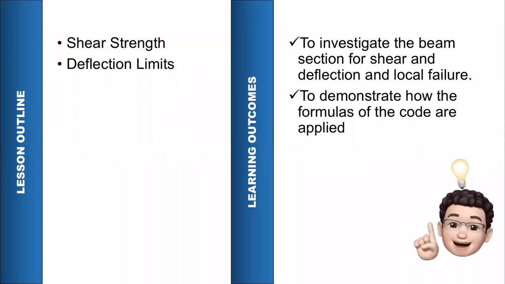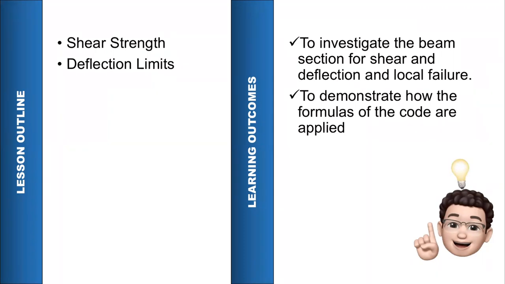So we will be discussing the shear strength of beams and deflection limits. Basically, these two are just a matter of substitution dun sa formula, understanding what the symbols are, or what the code wants us to use depending on the result na gagawin natin dun sa mga formulas involved.